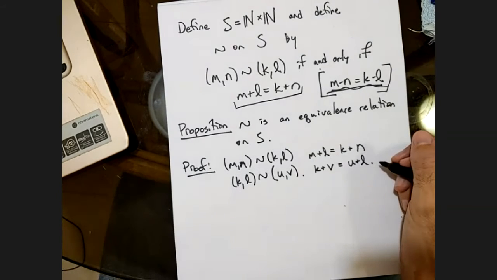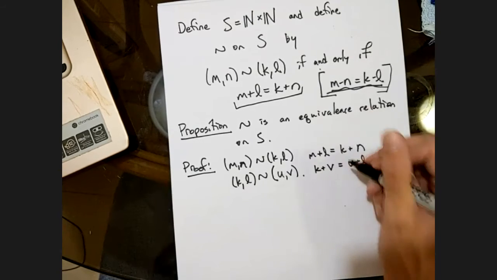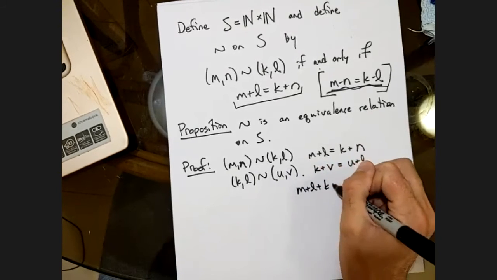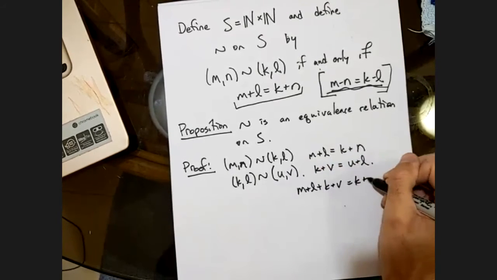Wait, what should we do? We should add both equations. So we get M plus L plus K plus V equals K plus N plus U plus L.